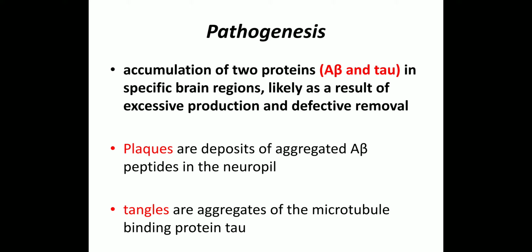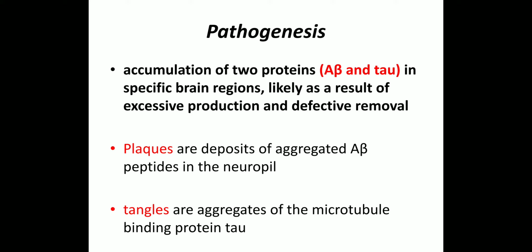But in certain patients who are more prone to develop Alzheimer's, these proteins will get accumulated, and they will form plaques. Plaques are aggregates of A beta proteins in the neuropil material of the brain. So plaque is one important lesion in Alzheimer's.